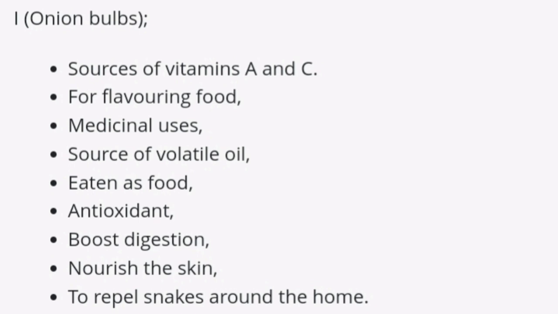It has medicinal uses also, and is a source of volatile oil. It is eaten as food sometimes, and is an antioxidant. Okay, it can reduce swelling. It boosts digestion and nourishes the skin, and also used to repel snakes around the home. These are some uses of onion bulb.